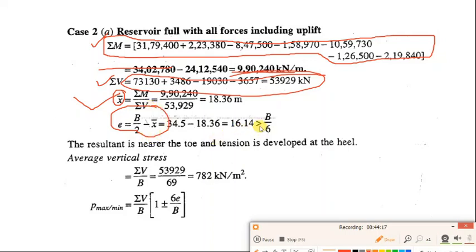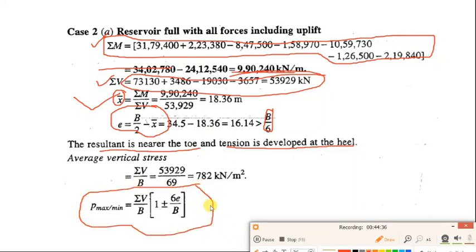Since this is greater than B by 6, it means that the resultant will be near the toe. If the resultant is near the toe, then the tension will be developed at the heel. So you can calculate the stresses by using this formula: summation V, the summation of all the vertical forces, B is the base, and the eccentricity we have calculated here.